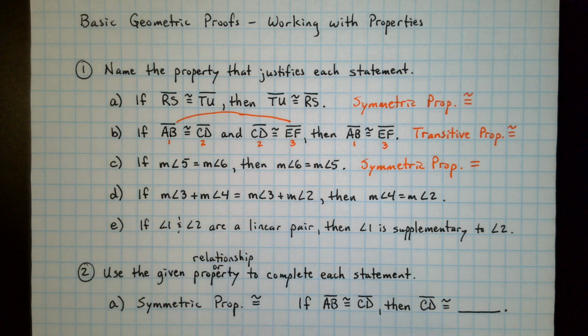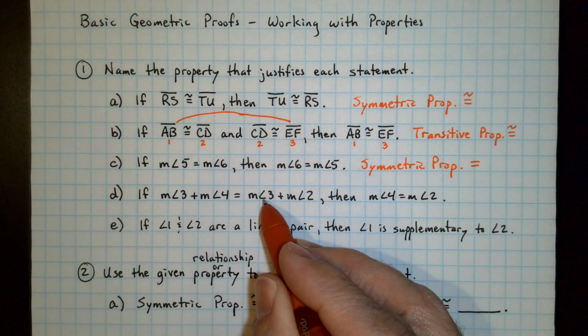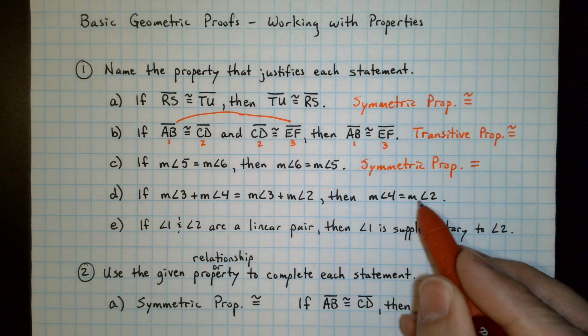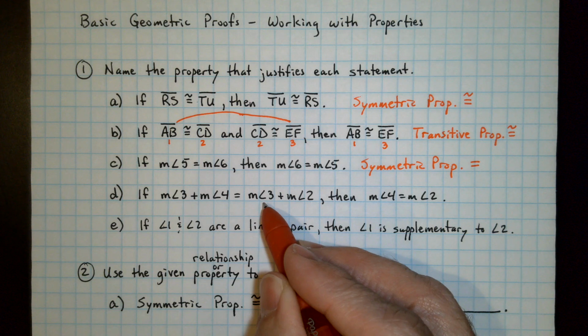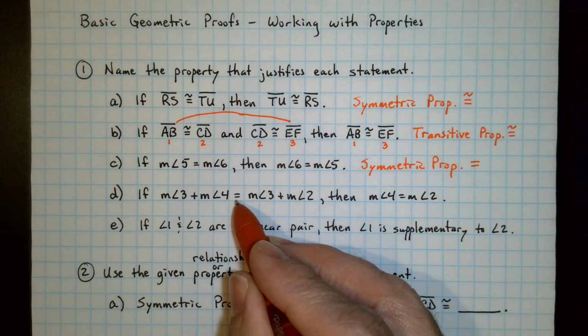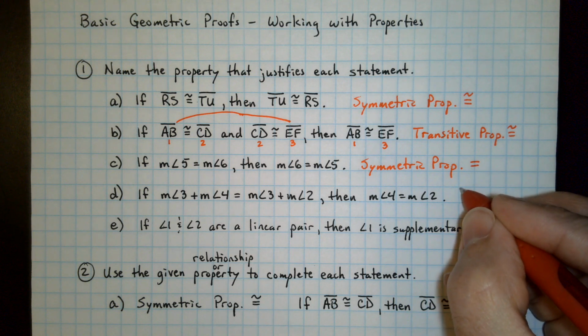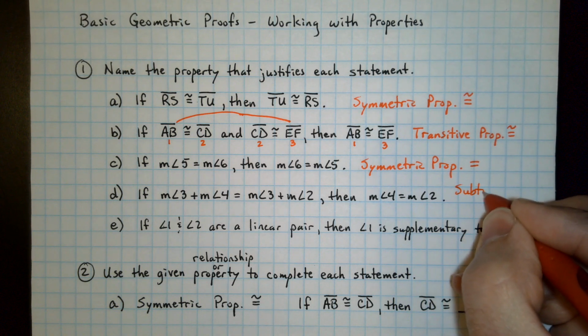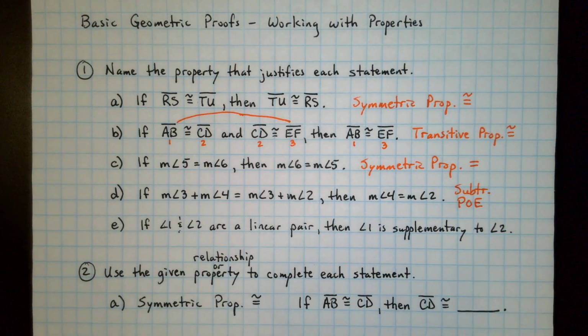In part D, we have the measure of angle 3 in each one, and then over here that has gone away. So we must have subtracted the measure of angle 3 from both sides, and they were equal when we started, and they're still equal. So this is the subtraction property of equality, and I'll abbreviate it in that way.